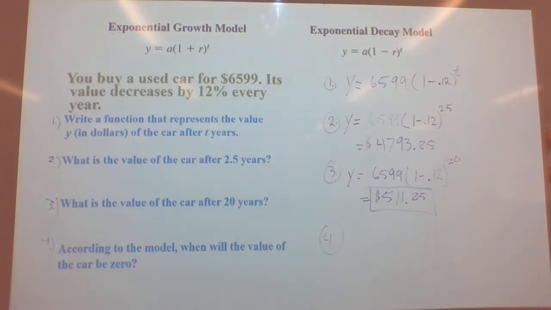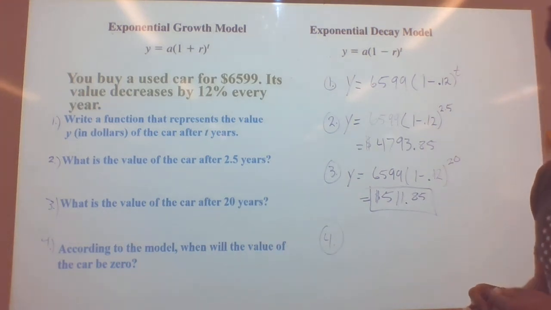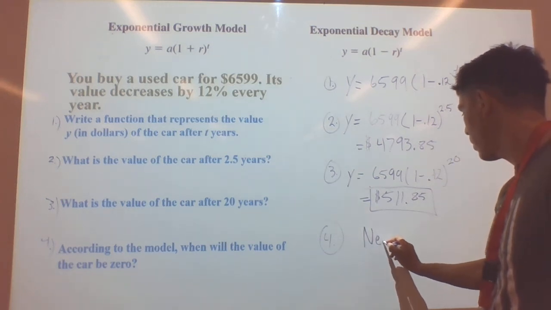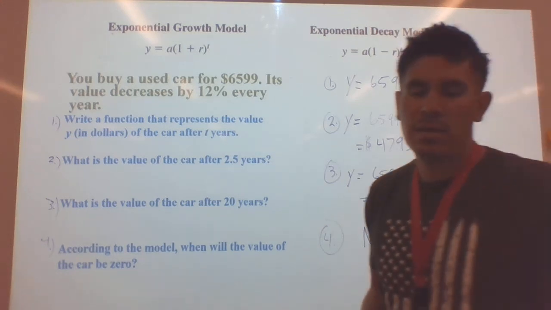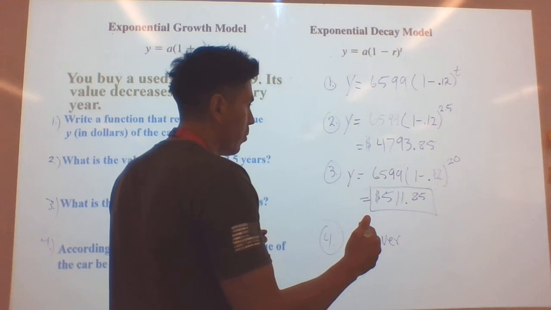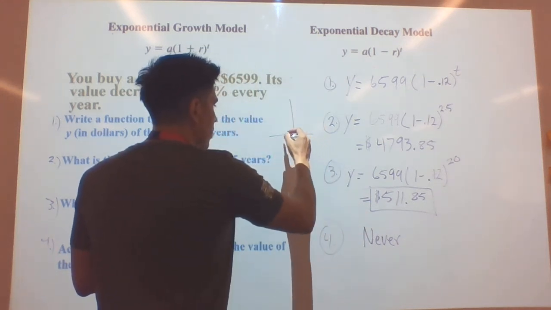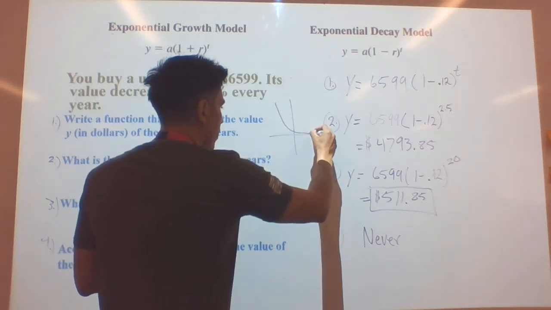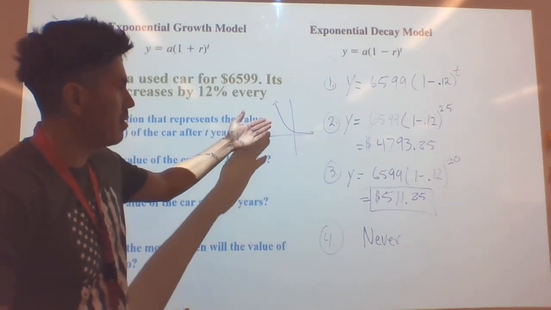Number 4, according to the model, when will the value of the car be 0? Never. The reason for that is because if we go ahead and graph this, this is a decay model, right?